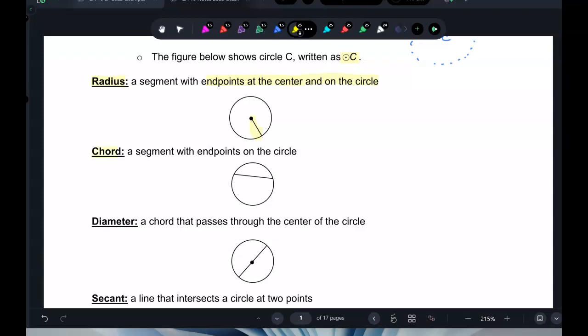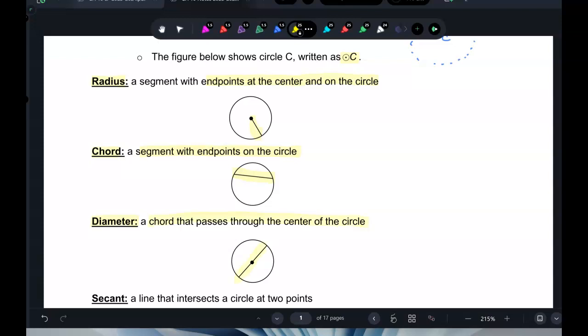This one might be new. A chord is a segment with endpoints on the circle. It just goes from one end to the other. It could be anywhere, even really short because it's on the top. A diameter is a chord that passes through the center.